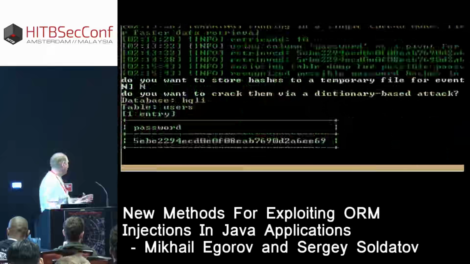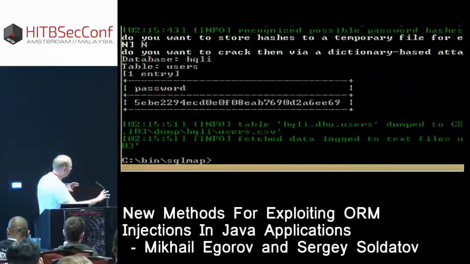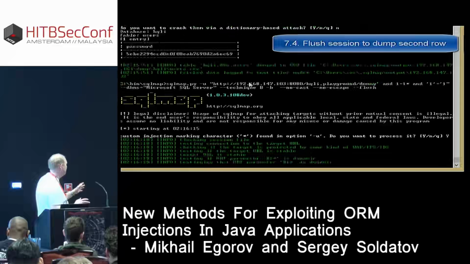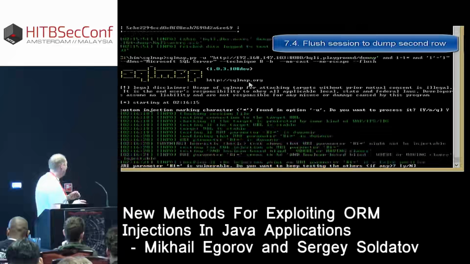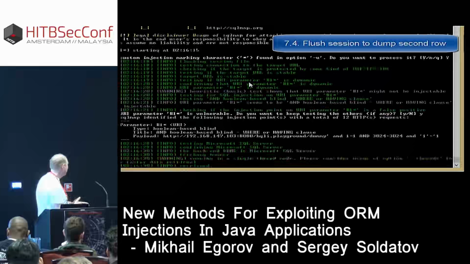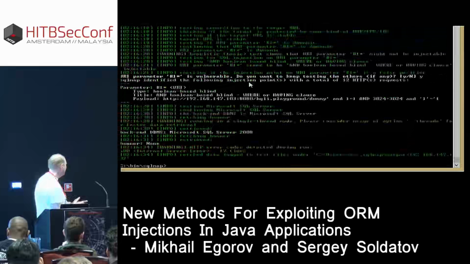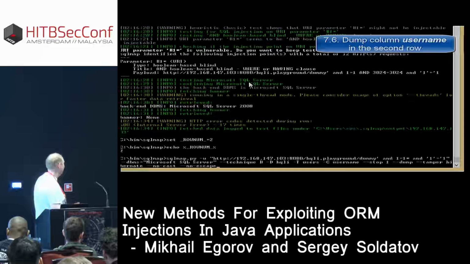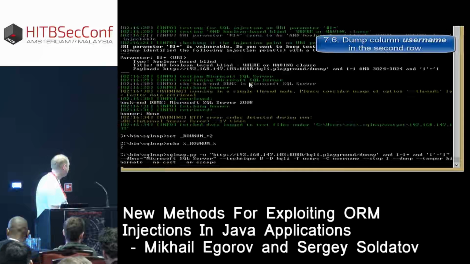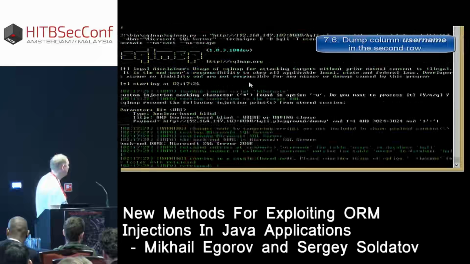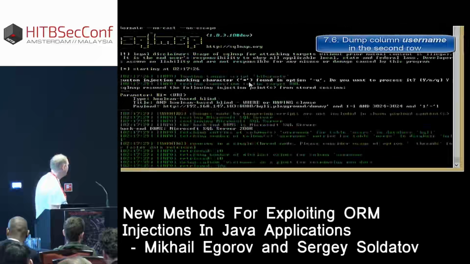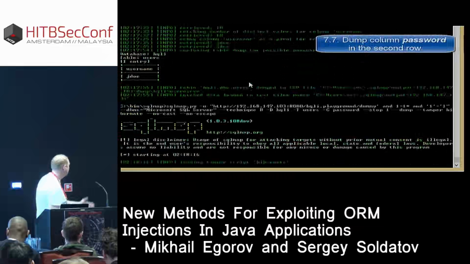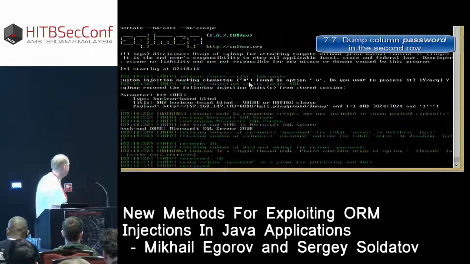Okay, to get another row from the database, you need to flush the session before. So this is the command that flushes the session. And after that, you need to set the environment variable to dump another row. Again, specify username, and capital C password dumps the password.